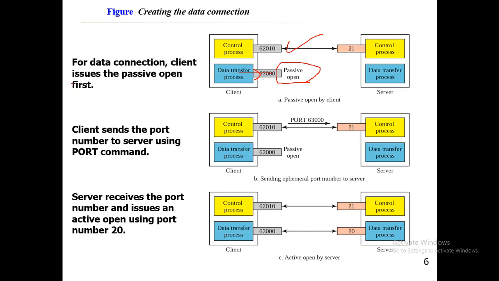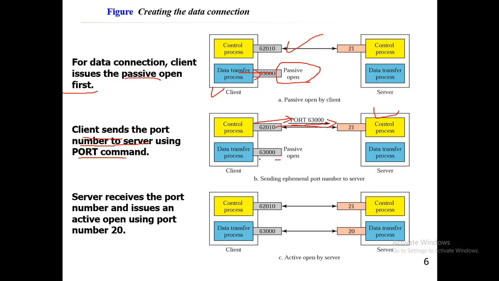For a data connection, the client issues the passive open first. So the client will open the port as passive open, and after that the client sends the port number to the server using the PORT command. This will be sent using the control connection. You can see that once the client has opened its passive open port for the incoming file, it will also send its port number on which the server can send the file. Here it is port number 63,000.